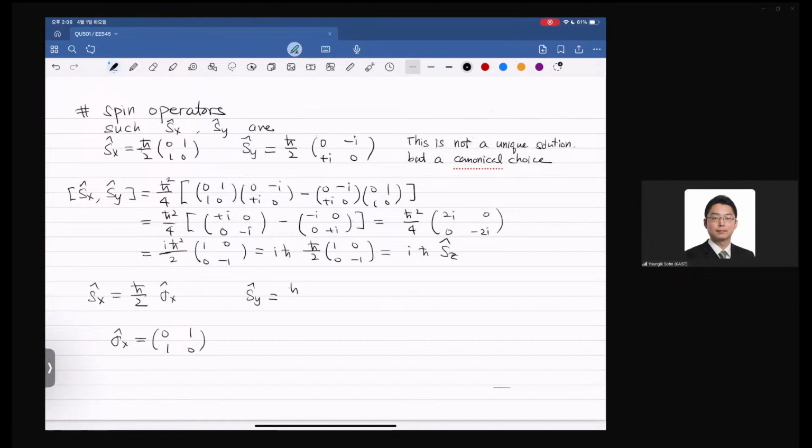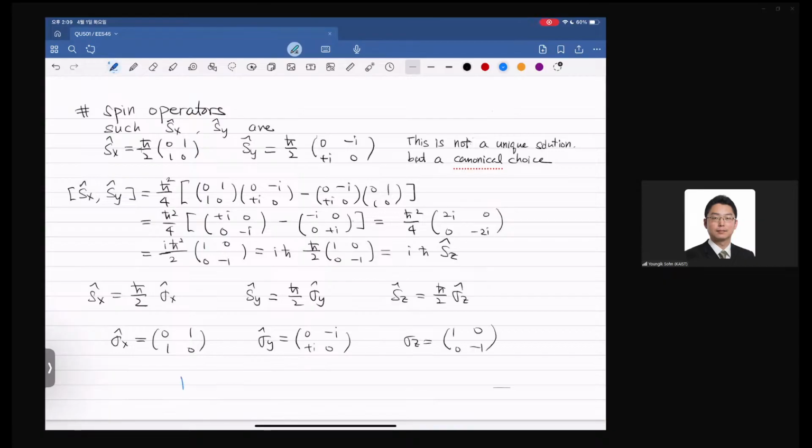The same for Sy: h bar over 2 times sigma y, 0, minus i, plus i, 0. And Sz: sigma z, 1, 0, 0, minus 1.